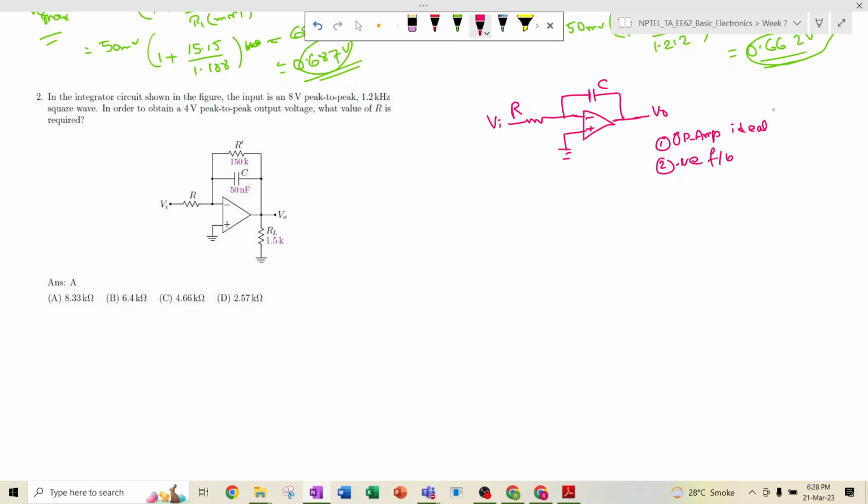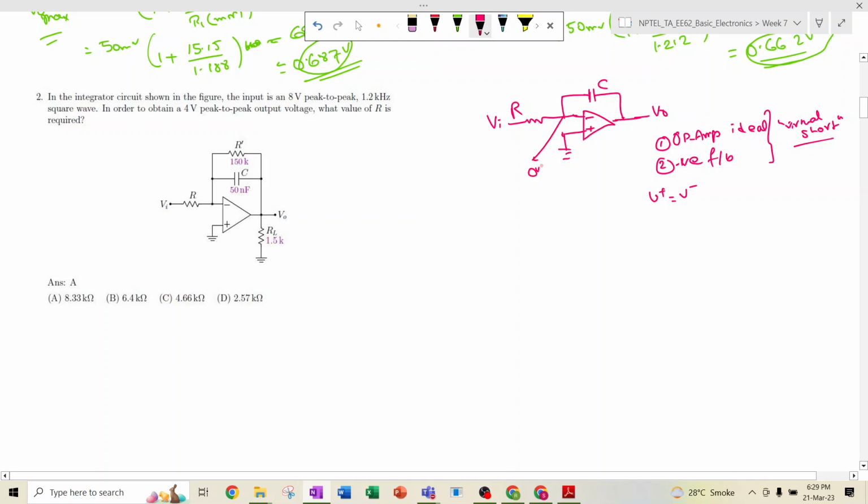So these two conditions are satisfied, which means the virtual short concept can be applied. Here also V plus will be equal to V minus. Now V plus is connected to ground, so V minus will automatically be 0 volt. That means V minus equals V plus equals 0 volt. So if it is 0 volt, some current will flow through this.